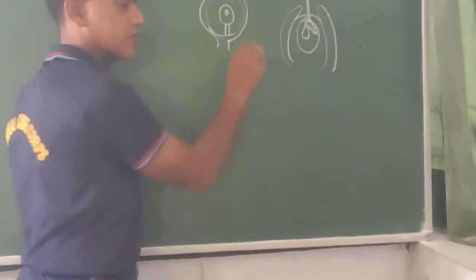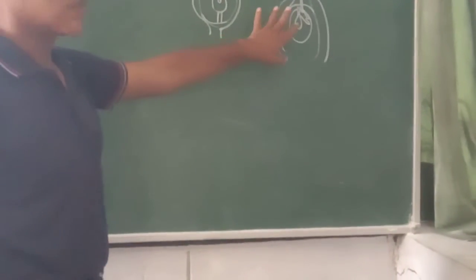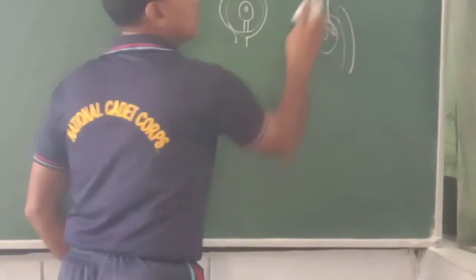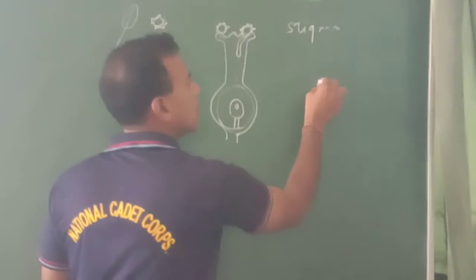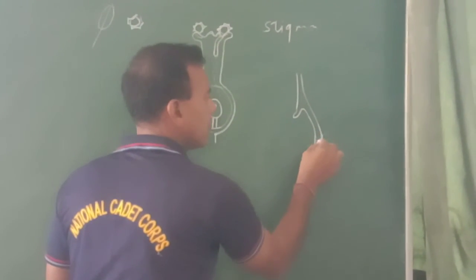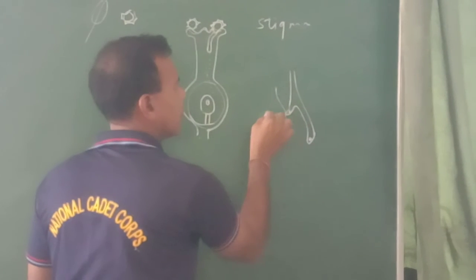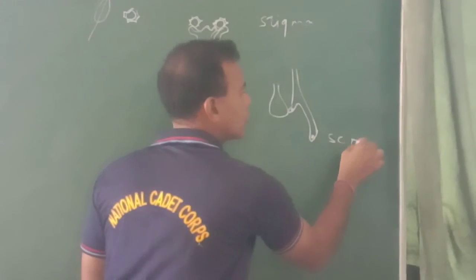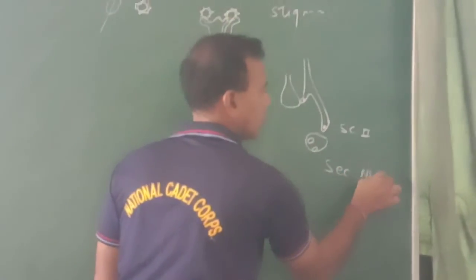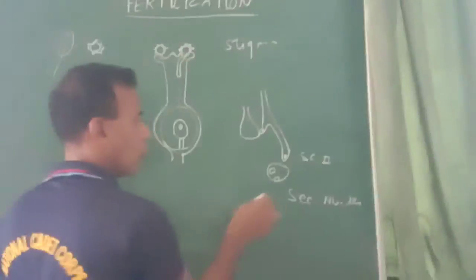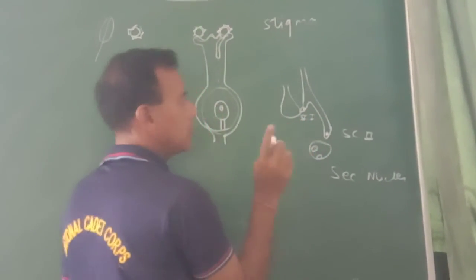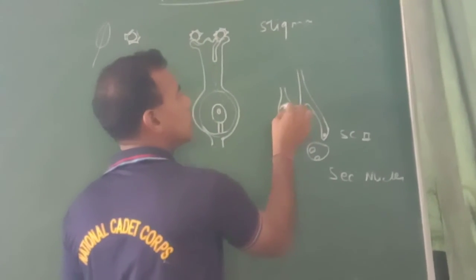Either one or both the synergids get destroyed. The cytoplasm doesn't mix with each other. The pollen tube, when it enters, becomes bifurcated like this. Sperm cell 2 moves towards the secondary nucleus, which is formed from two polar nuclei, and sperm cell 1 remains near to the egg.